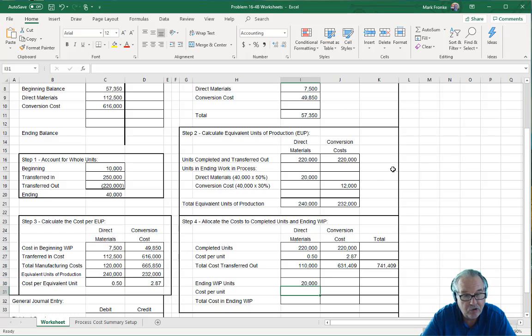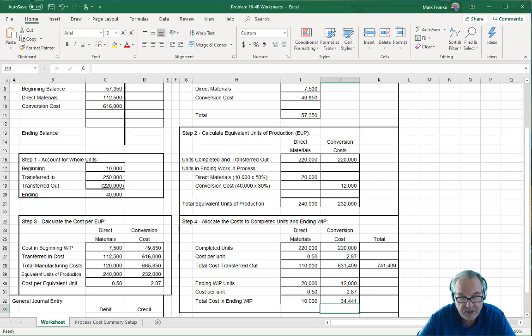It's the equivalent of 20,000 units times 50 cents, so that's $10,000. And my conversion cost was the equivalent of 12,000 units times my conversion cost per equivalent unit.